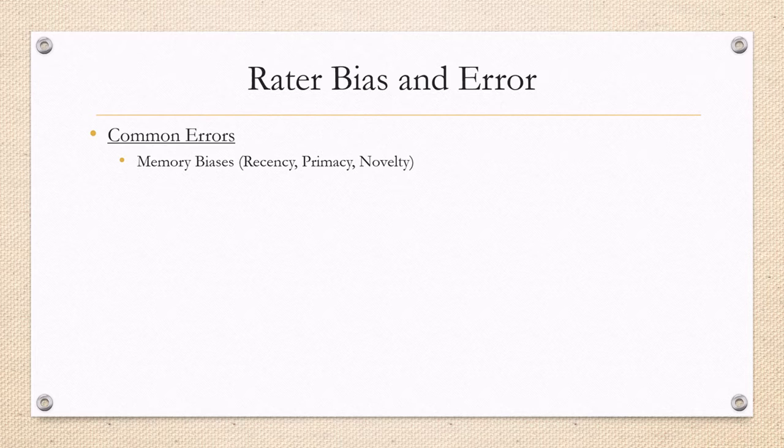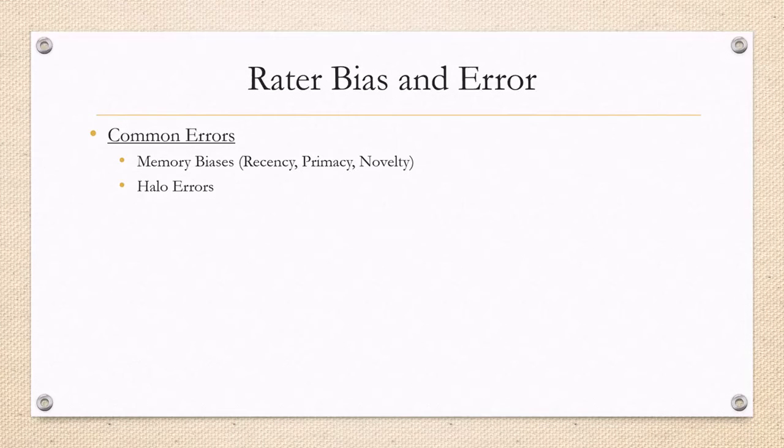So there are numerous rater biases and errors. Some of our common errors involve those memory biases I just discussed: recency, primacy, and novelty. But there are other common errors that we know about as well. For example, halo errors. If you've heard of the halo effect, it's the idea that a rater will generalize from one piece of information to others about that particular person.